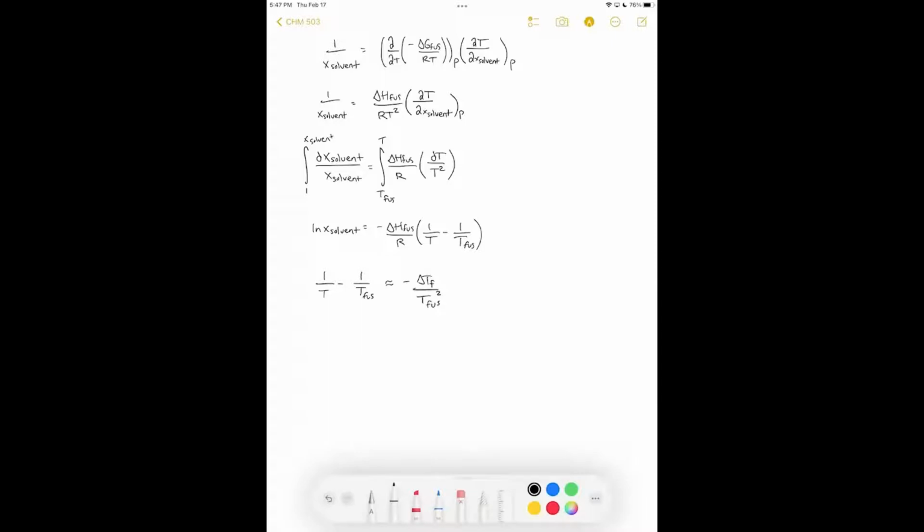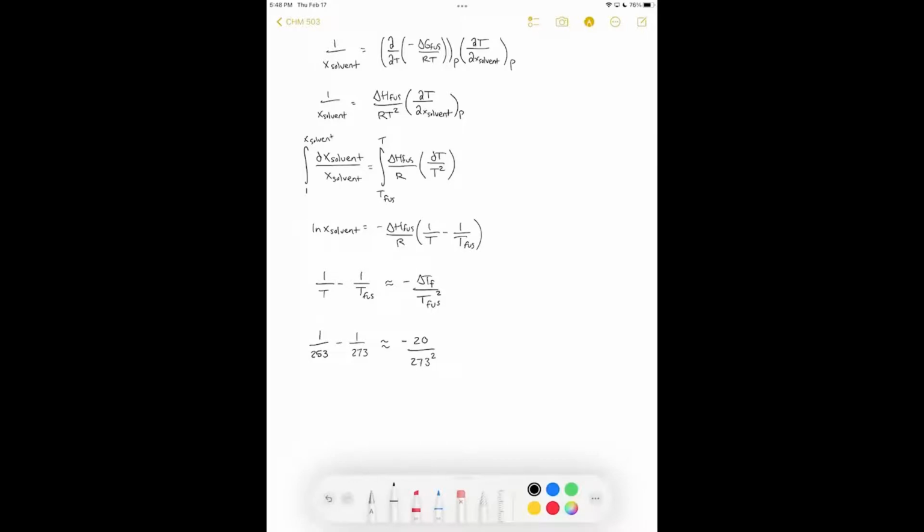Now this is actually a reasonable approximation. So if we use water and we say we're doing something to water to change the melting temperature by about 20 degrees Celsius, that would give us 1 over 253 minus 1 over 273. And we're saying that this is approximately equal to negative 20 over 273 squared.